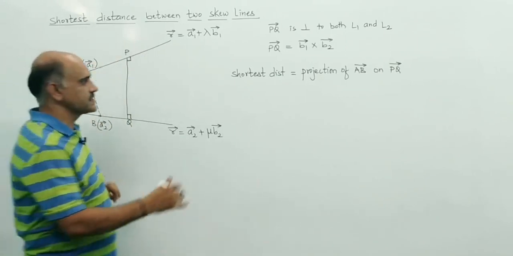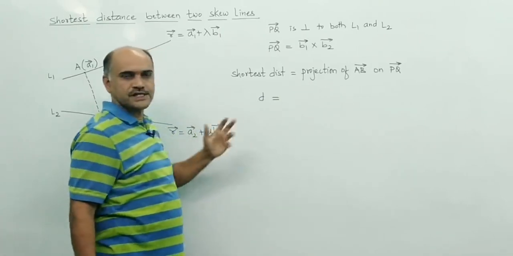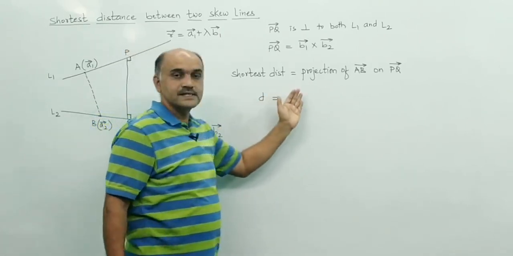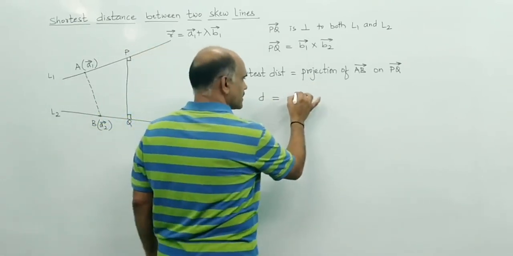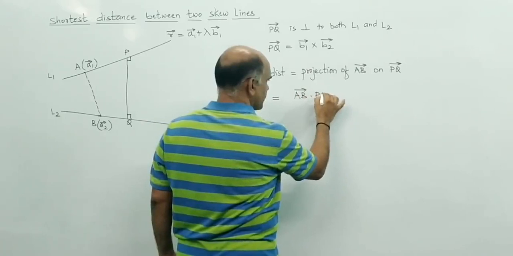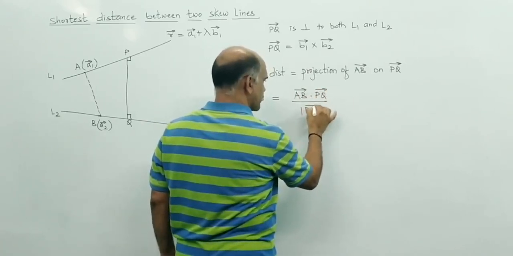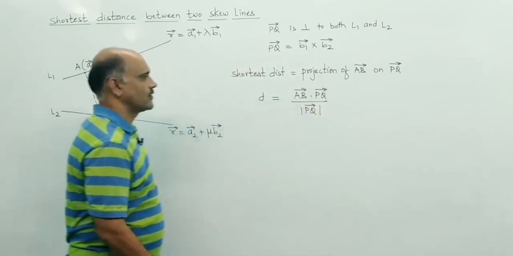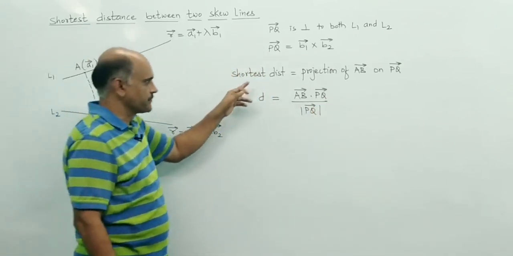Shortest distance I will denote by D. Projection of AB on PQ by scalar product is given by AB dot PQ divided by magnitude of PQ.